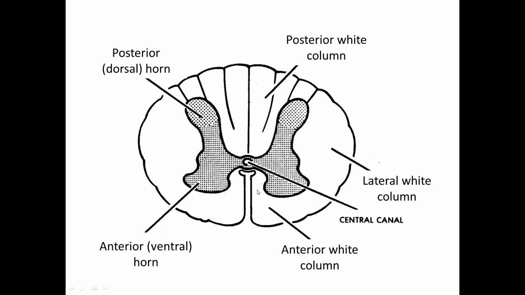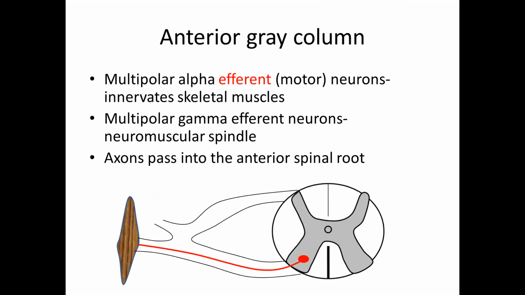So these are the areas of the gray matter and white matter, and where all the spinal tracts are arranged, right? So remember this picture so that it will be easier for you to learn the nerve tracks, okay? Right, so then talking a little bit about the anterior gray column, what are the things that are there in the anterior gray column?